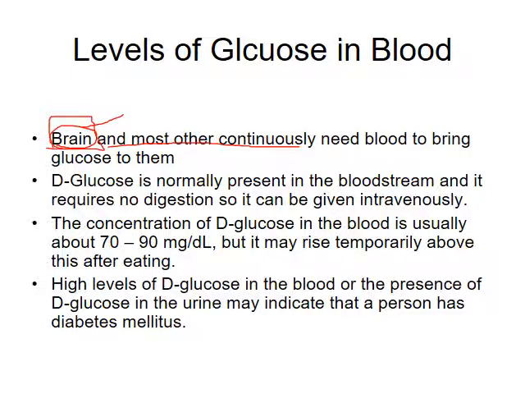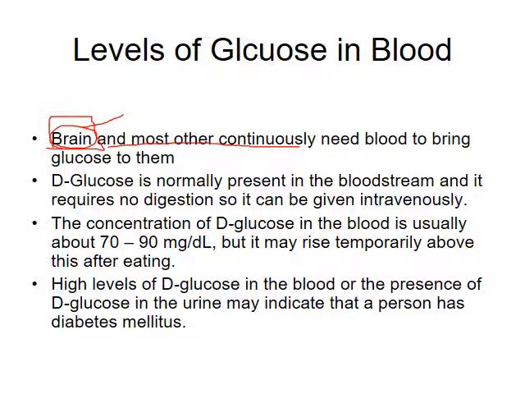Okay, now the other organs really don't need that total influx of glucose, because most organs have ways of storing it, which I'll talk about a little bit. So yeah, I don't know if you ever experienced it, but if you're really low in blood sugar, your brain will start to feel kind of woozy and you might pass out.